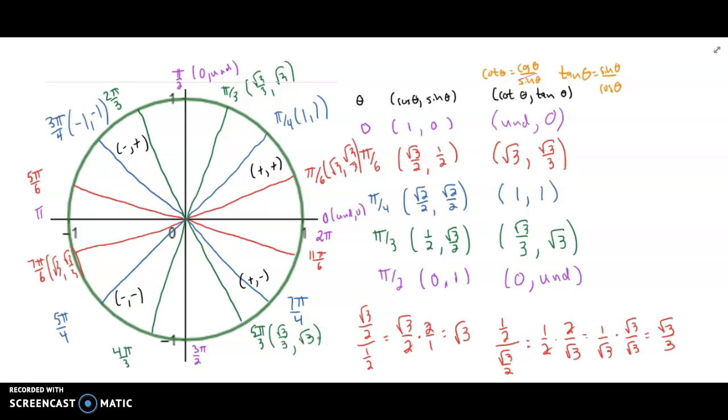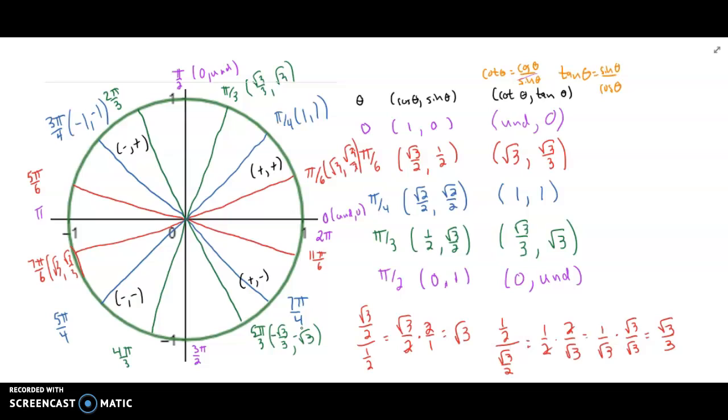Like if you know that at the pi over 3s and the pi over 6s, we're going to have a root 3 over 3 and a root 3, and figure out which is which, the key is going to be looking at your tangent. So if you look at our fraction here, root 3 over 3, 3 and 3 together gives me 6. Every time I have a denominator of 6, my tangent is going to be root 3 over 3, or negative root 3 over 3. If I'm looking, oh, you know what, I messed that up. Sorry guys, those are both negatives. Sorry.